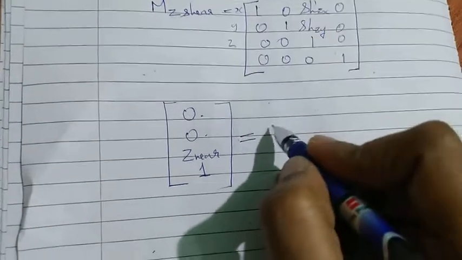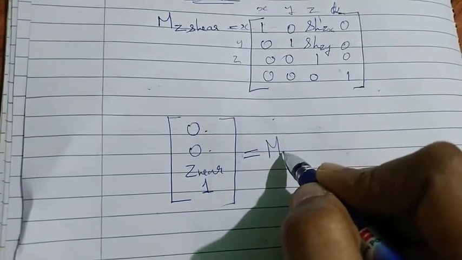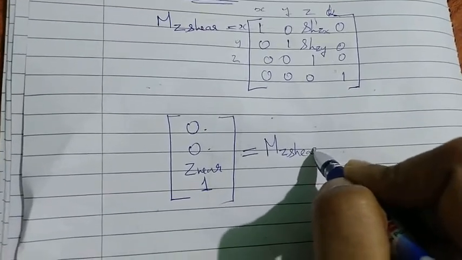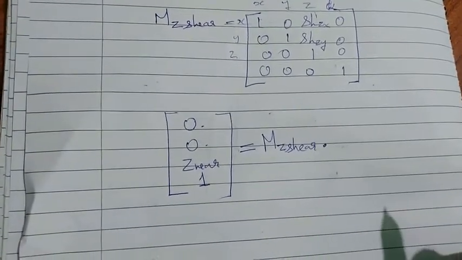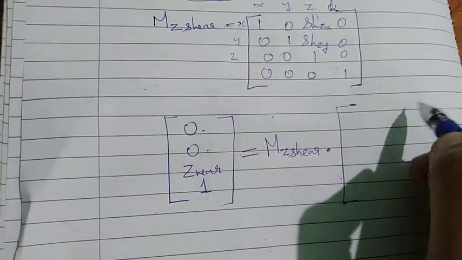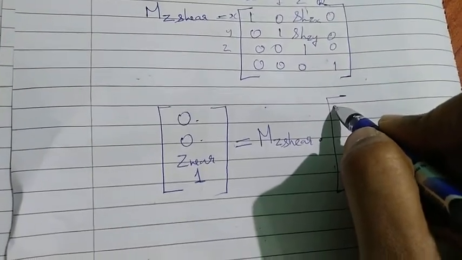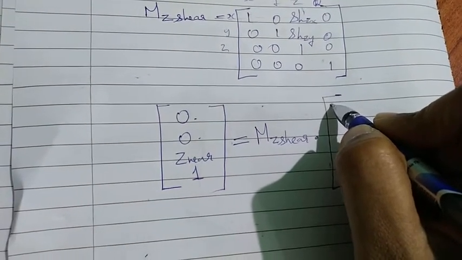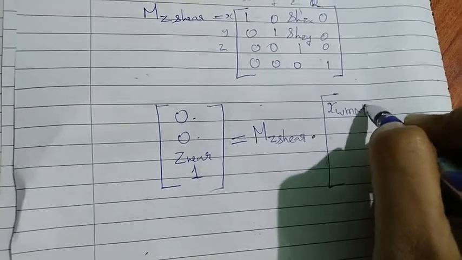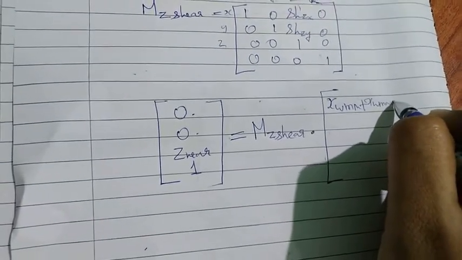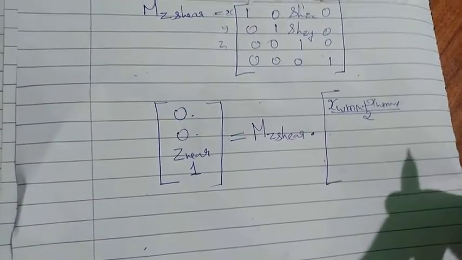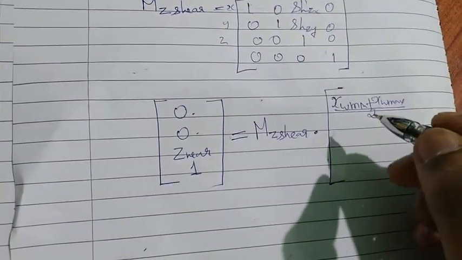We are going to shear this point, so we take the matrix product with the midpoint of the clipping window. xw min plus xw max divided by 2 gives the midpoint of the three-dimensional frustum.